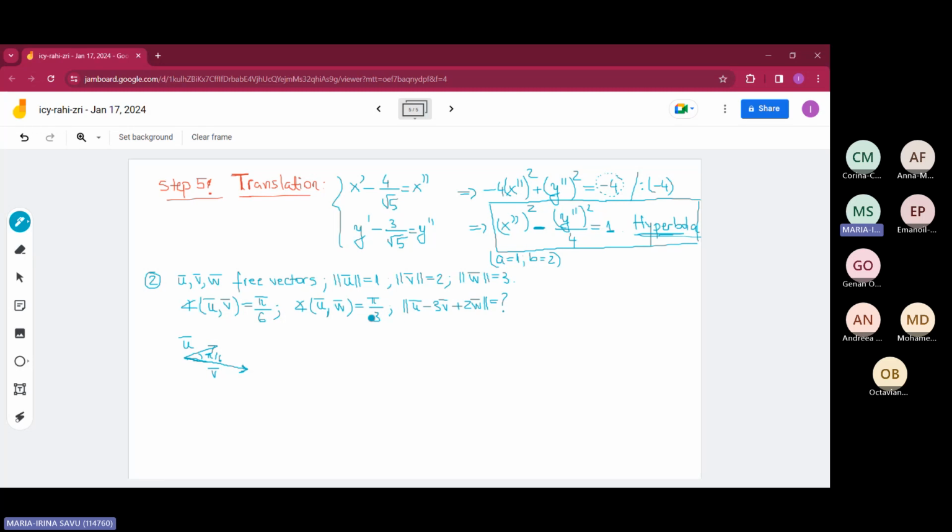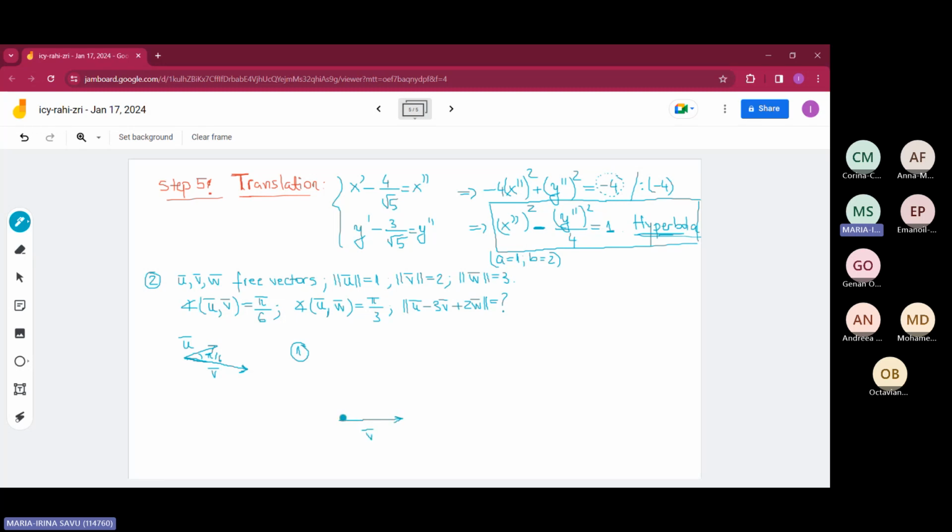You know that the angle between u and w is pi over 3, so it's 60 degrees. And you have two cases here: the case when w is here, and the case when vector w comes here, and you will have 90 degrees. So let's discuss both cases. First, we start with the one in which we obtain a 90 degrees angle. So let me make this drawing again. I'm going to draw v in this way.